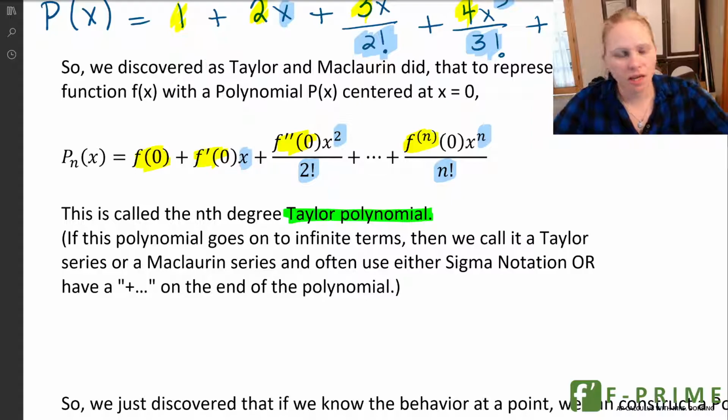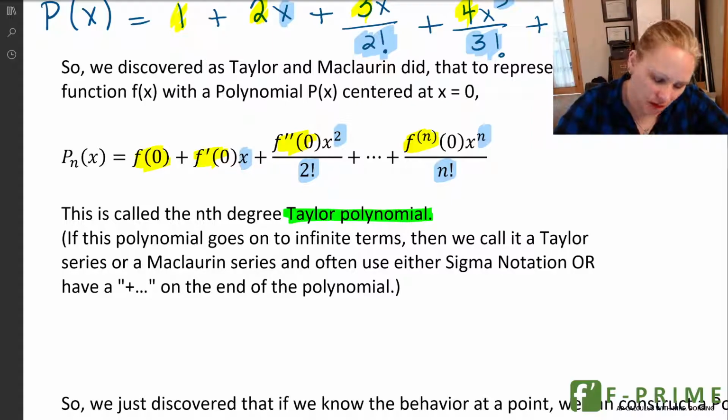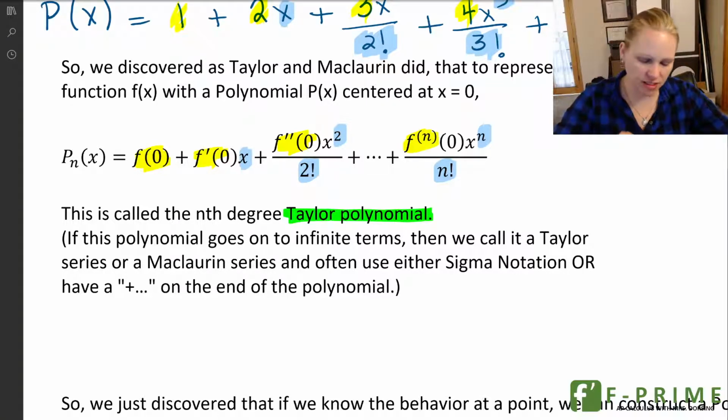So to kind of recap what this video has discussed is this concept that if we know the behavior at a single point of a function, so for example, all the ones we saw today, we knew what the behavior at 0 is. If we know the behavior, we can construct a polynomial that will have the same behavior. In other words, it'll have the same first derivative, same second derivative, same third derivative at 0.